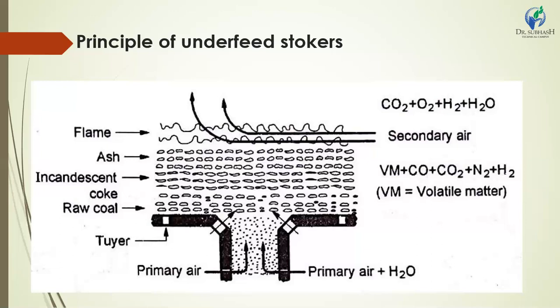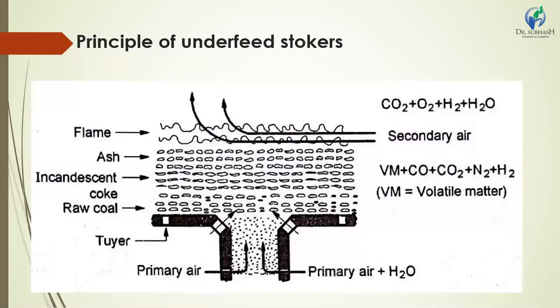The gases produced pass through the layer of air, and the secondary air supplied at the top burns the combustion gases. The underfeed stokers are best suited for bituminous and semi-bituminous coal, or we can say fuels containing more volatile matter and small ash content.